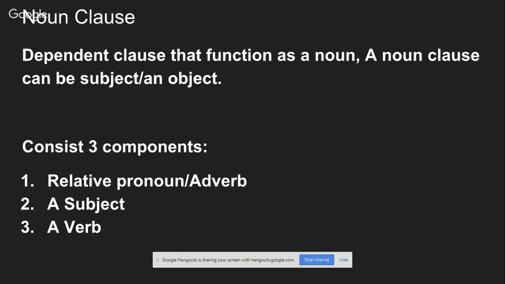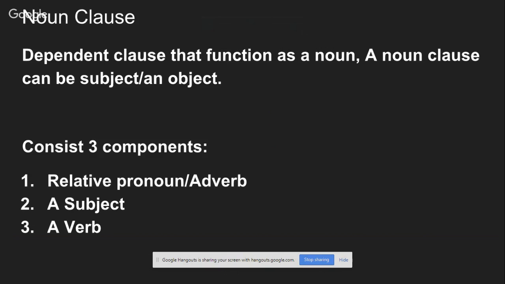So a noun clause is a dependent clause that functions as a noun. And a noun clause can be a subject or an object of a sentence. There are three components.